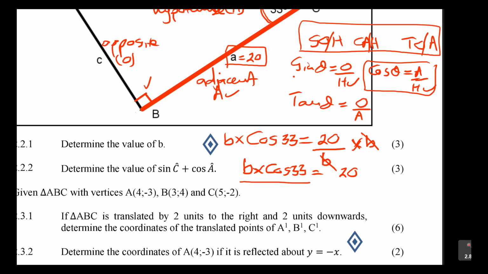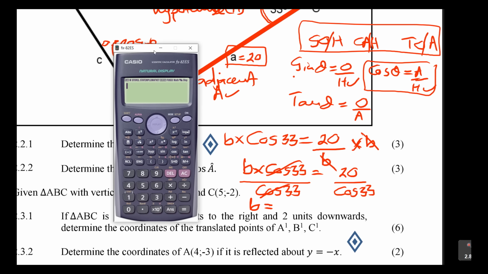Remember, the opposite of multiplication is division. So cos 33 will go, but you also do the same thing over cos 33. You have to do it in two steps like that. That's how you go towards finding the value for B.